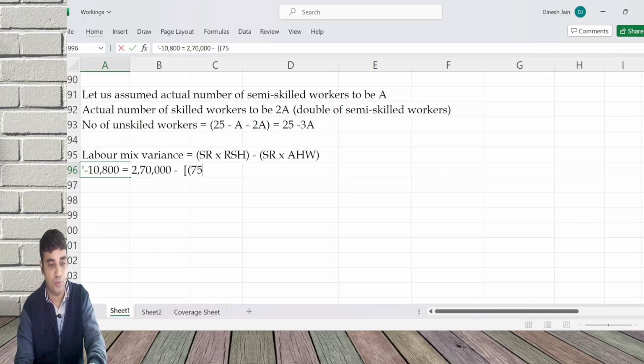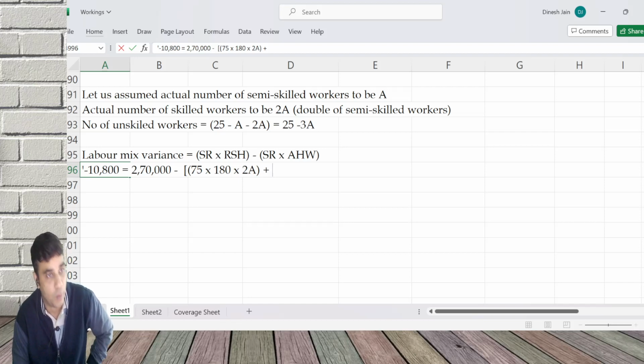What is the standard rate for skilled? 75 into 180 into 2A, number of hours into number of workers. 180 is the hours worked per worker.